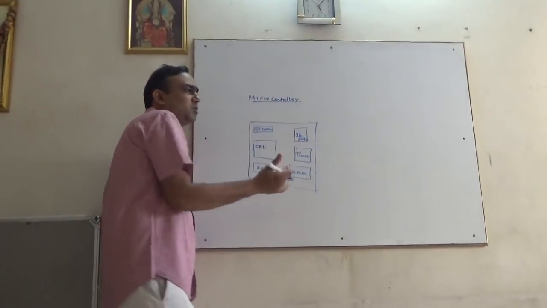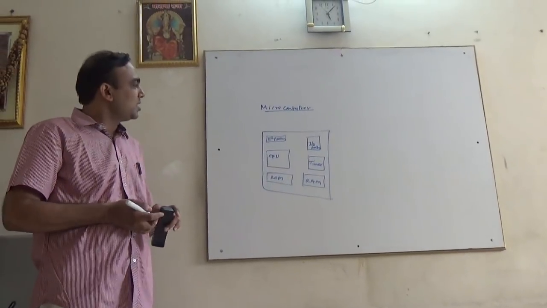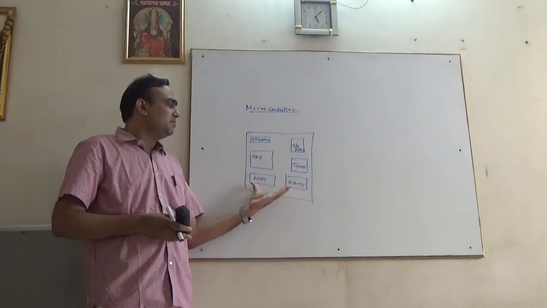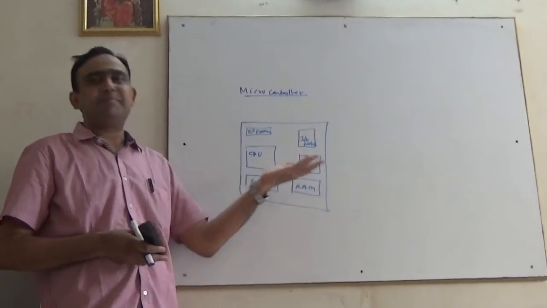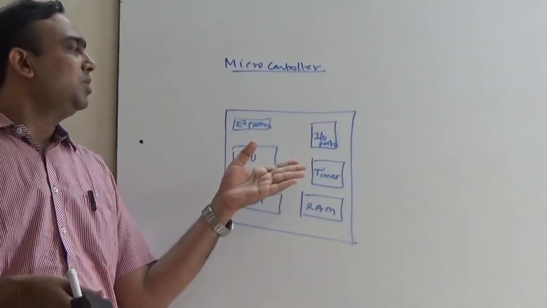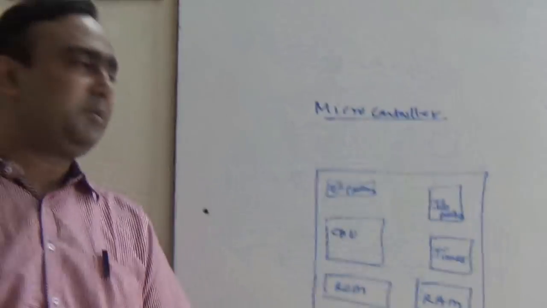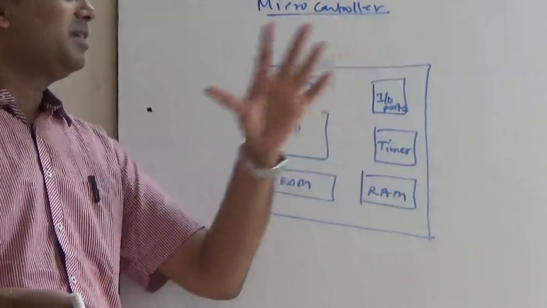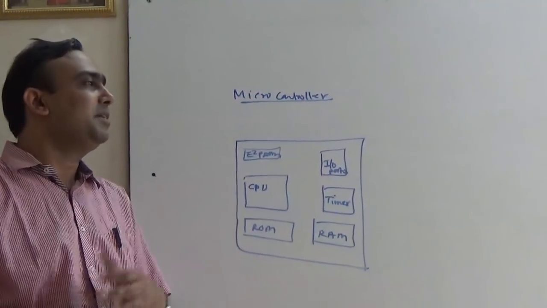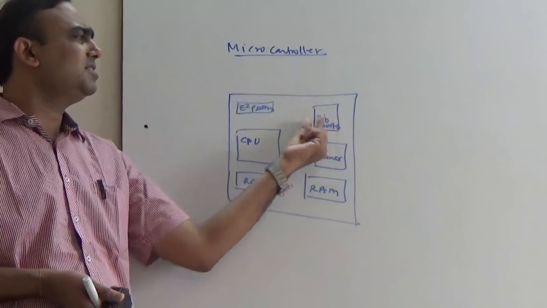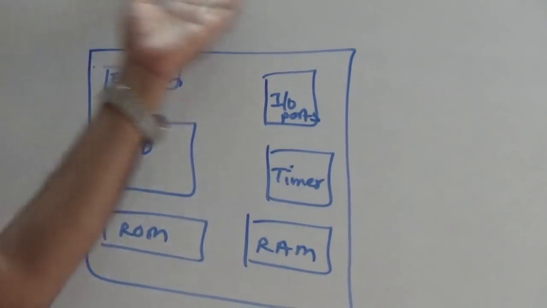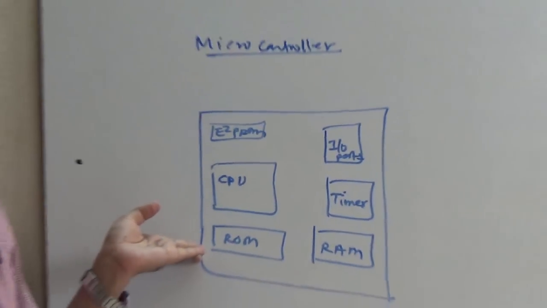So this reduces the size and reduces the complexity, but at the same time it suits very small applications where we don't need a huge RAM, huge ROM, or a specialized timer. Even a simple timer can solve our problem. We don't need a specialized port having different modes. These ports are capable of simple input-output operations. So for such applications, we go for microcontrollers.